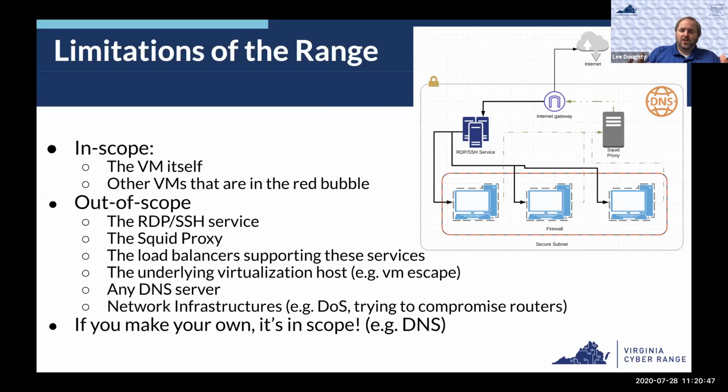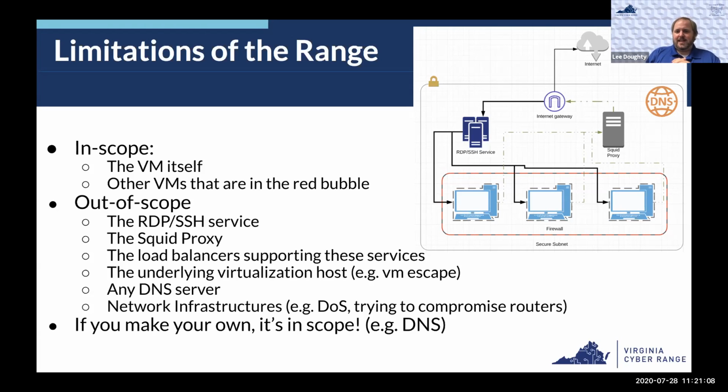So what's in scope for what you can or cannot attack in the range? Basically, what's in scope is the things in the red bubble. You can attack the machine that you're on itself. You can attack other machines that come up with that virtual machine, which are usually addressable by something.example.com.